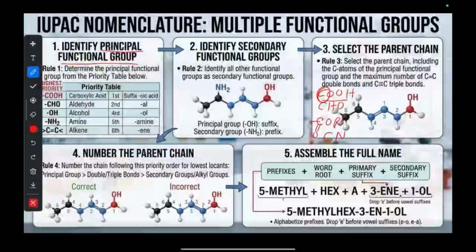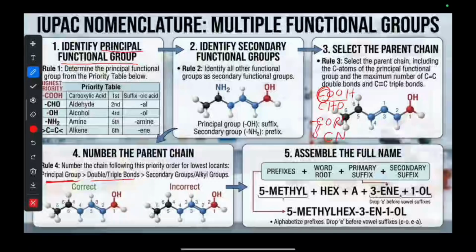The fourth rule is, after the selection of the parent chain, numbering the parent chain. From which side should you number? The numbering of the parent chain has to be done in such a way that the principal functional group gets the lowest locant. Principal functional group gets the highest priority, so it will get the lower locant.